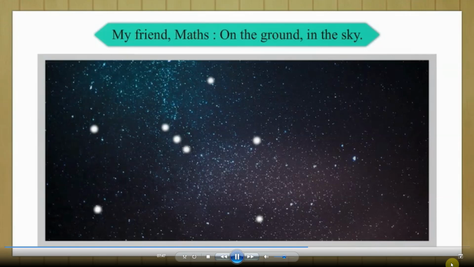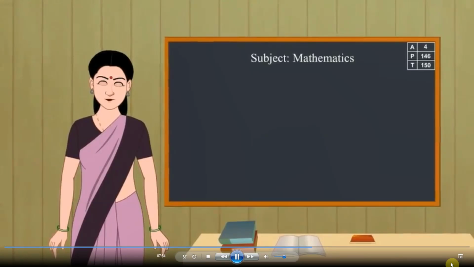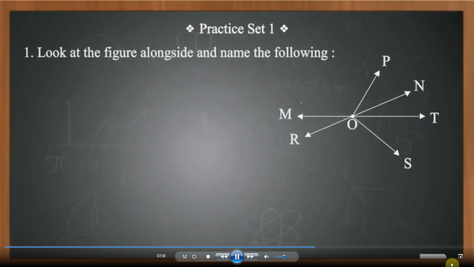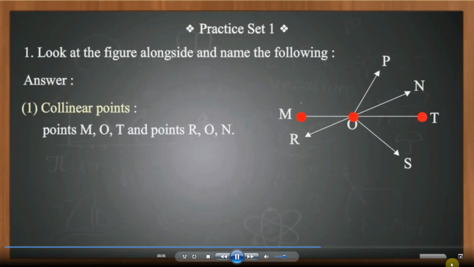Students, let's solve practice set 1. 1. Look at the figure alongside and name the following. Answer. 1. Collinear points. Points M, O, T and points R, O, N. 2. Rays.